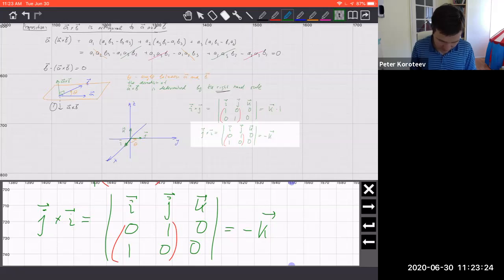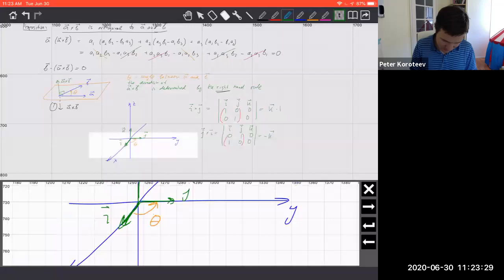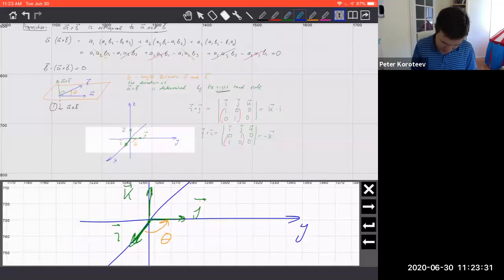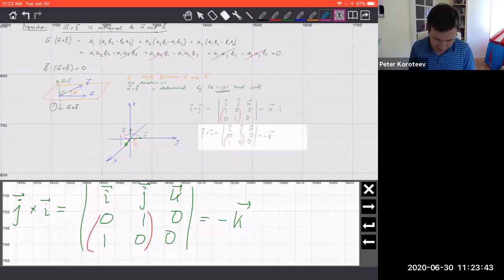If you're measuring the angle between J and I, you need to do this angle. That will be your angle theta. The formula tells you that the answer is equal to minus K. So the answer is opposite.